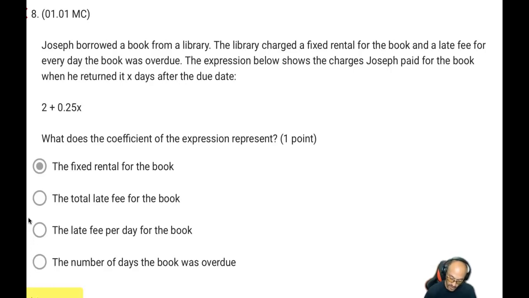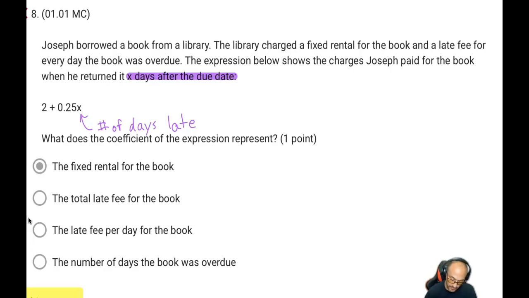So we can automatically say that the X here is the number of days the book was late. So the number of days after the due date. Then it's 2 plus 0.25x. What does the coefficient of the expression represent?